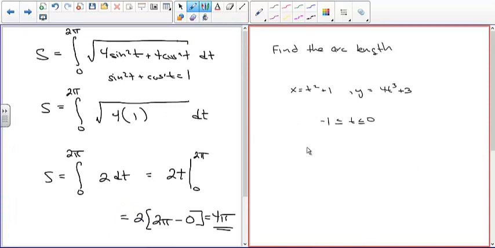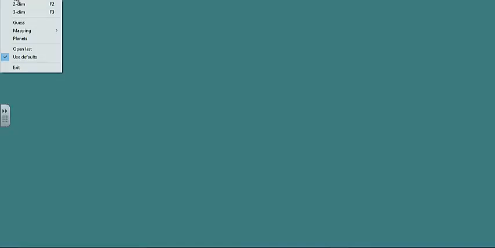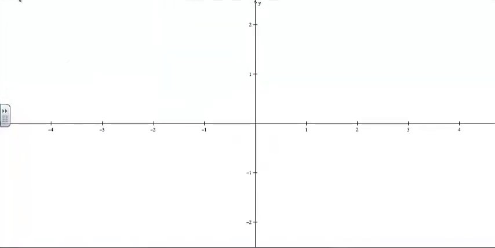So let's try another one. Actually, let's see what this thing looks like. x is t squared plus 1, y is 4t cubed plus 3, and we're finding the arc length from t equals negative 1 to 0. I don't know what that looks like, so let's open up my two-dimensional graphing program.